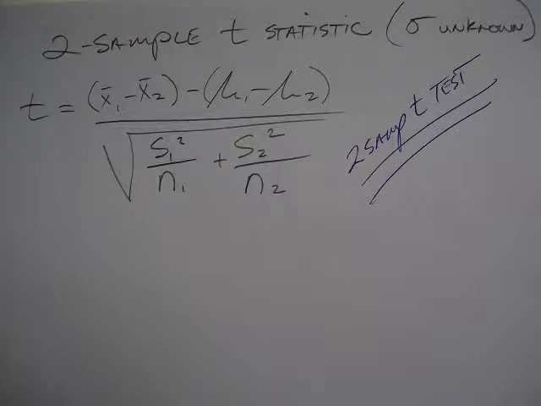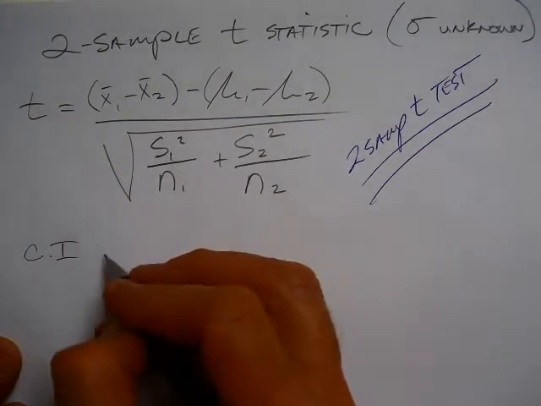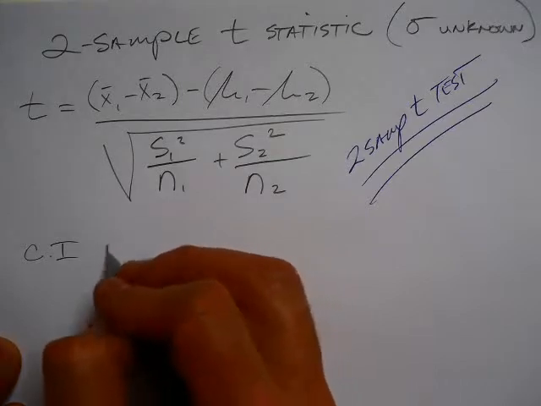And there's one more formula I'm going to hit you with today. The confidence interval for a two-samp T statistic.